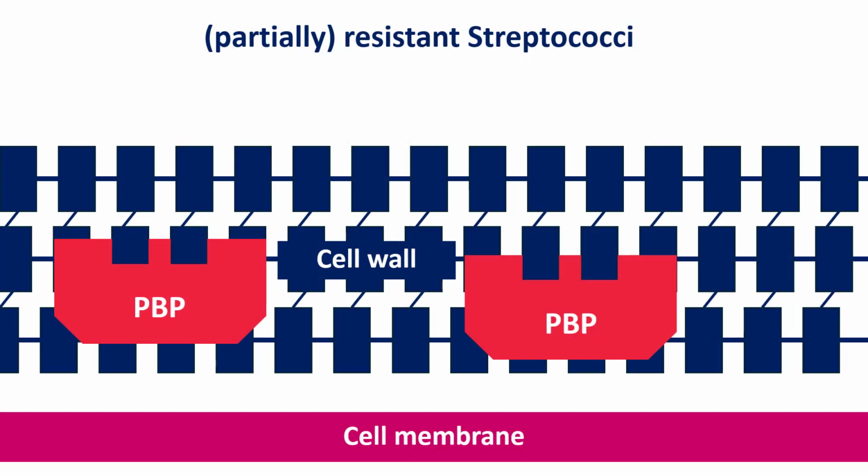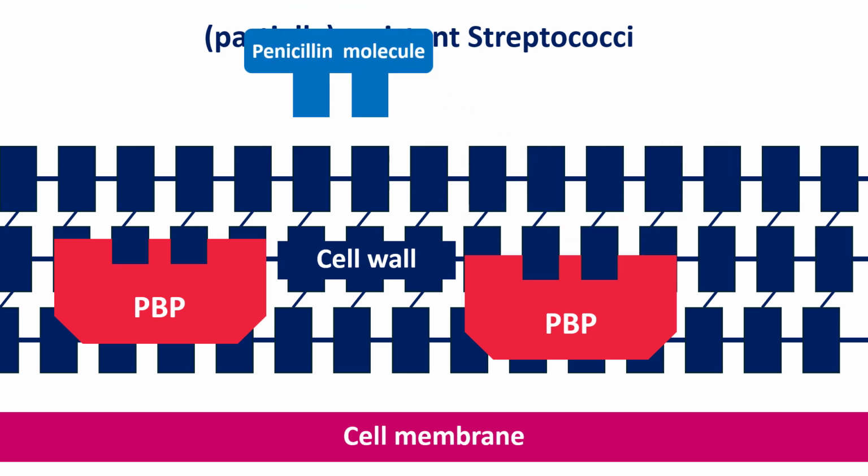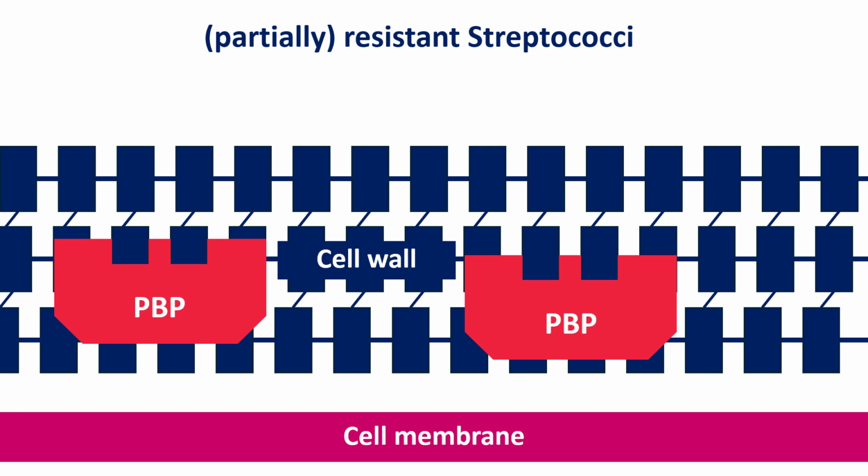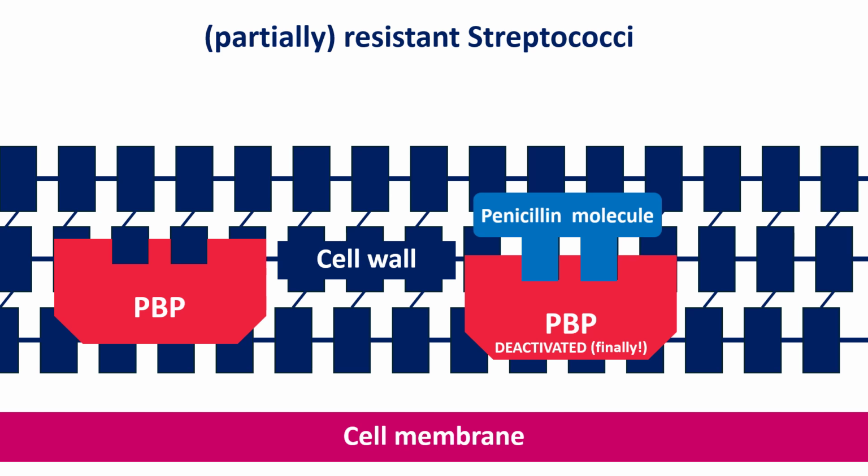Imagine it like this. Let's say that these modified PBPs in partially resistant strains won't bind to a molecule of penicillin every single time they're exposed to it. Instead, they will bind 50% or 20% of the time, meaning on average every other or every fifth molecule that bumps into the PBP will bind to it and disable it. So how do we increase the likelihood that something will bind?